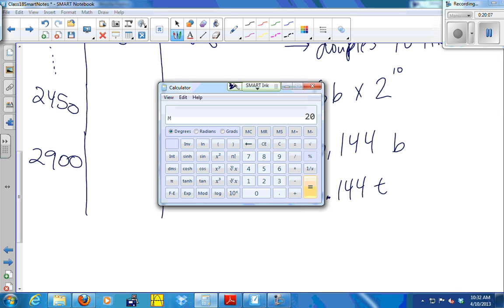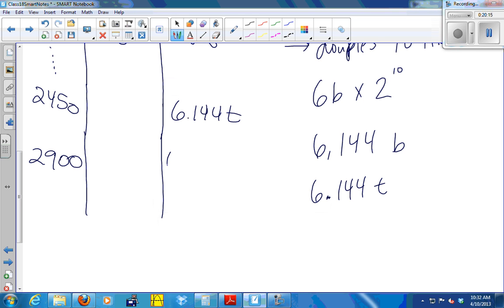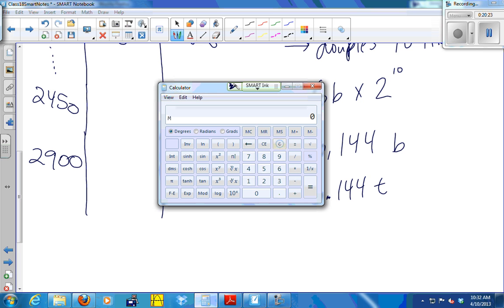So 20 sets of 45 years have passed, which means I want to take my 6 billion and double it 20 times. That's going to come out to 2 to the 20th times 6, which is 6,291,456 billion.